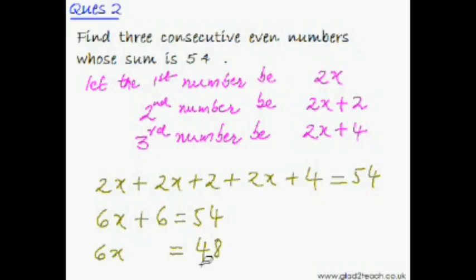Also take this 6 to the other side. So we would get 48 divided by 6. And since 6 times 8 is 48, x is equal to 8. So this means our first number would be 16, isn't it? 2 times 8 is 16. And the second even number would be 18. And the third one would be, right, 20. Question solved.